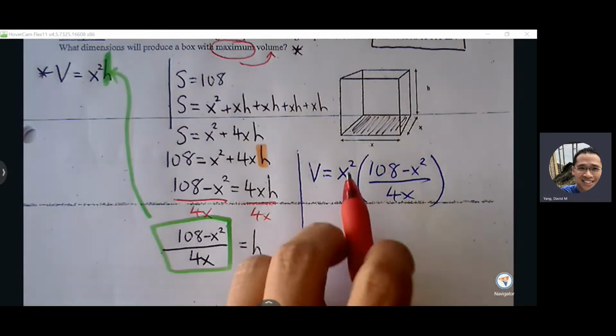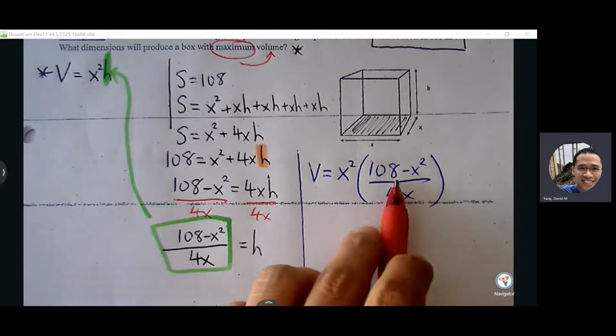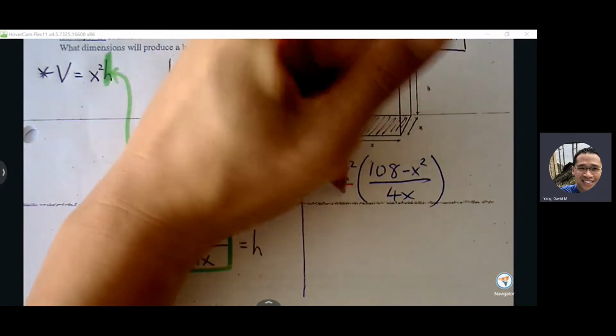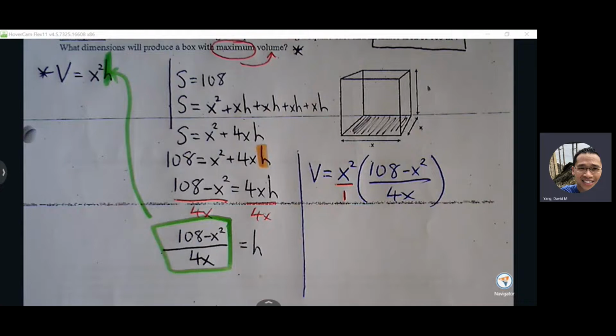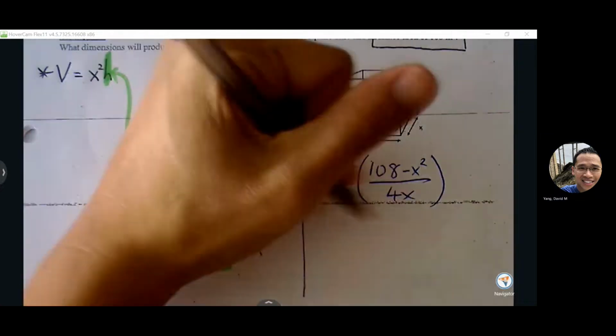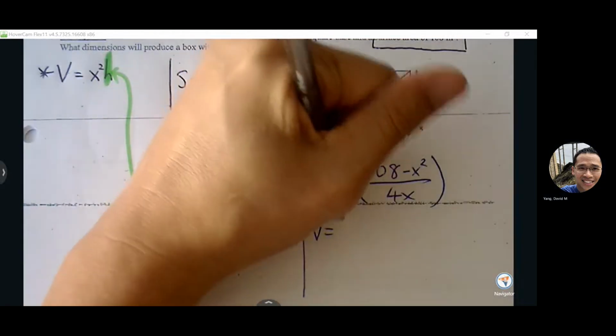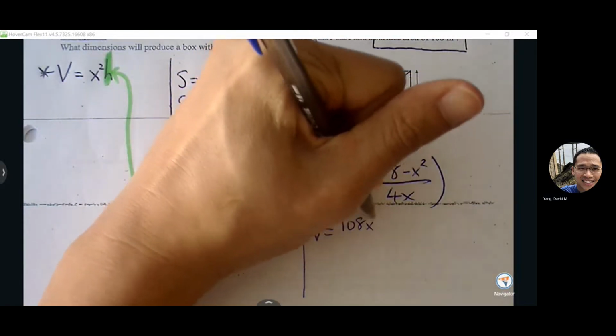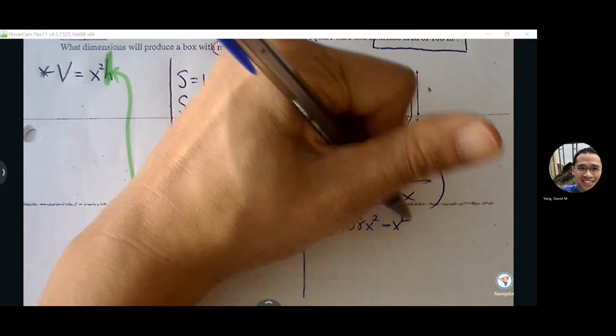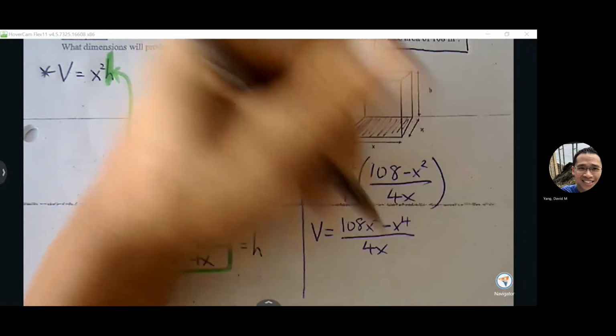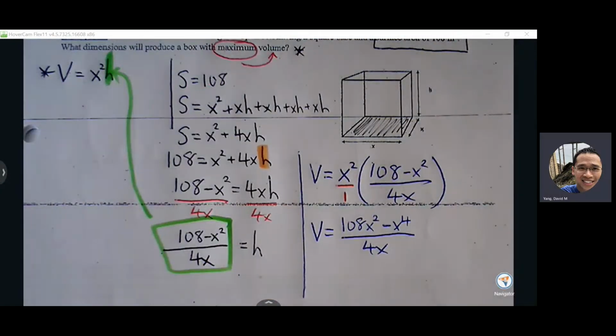Now, when you distribute the x squared through, you only distribute it through the numerator, not the denominator, because the denominator is 1. So it's really multiplying across. Okay, I'll distribute the x squared through. What else can I do to clean this up so that I only have to deal with the power rule?